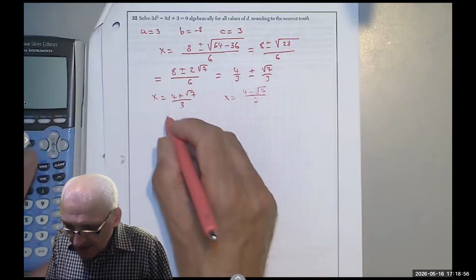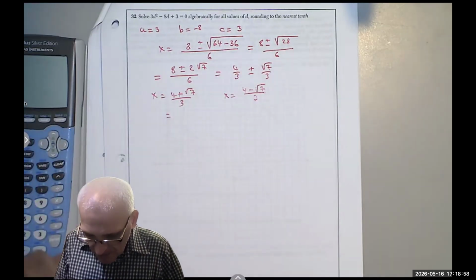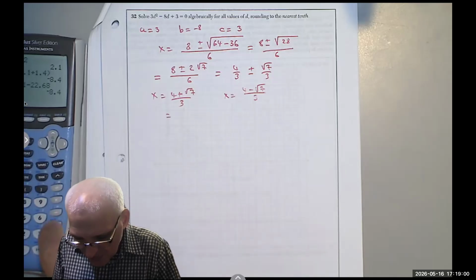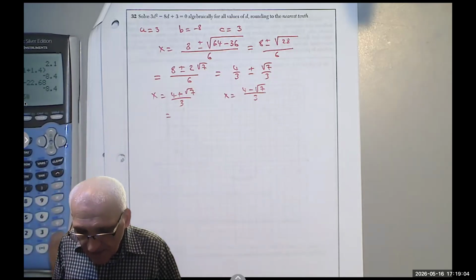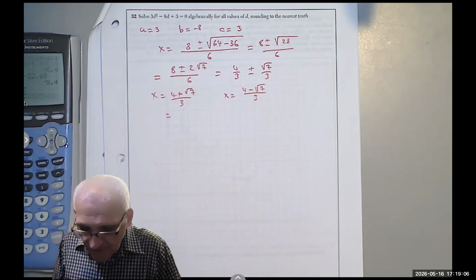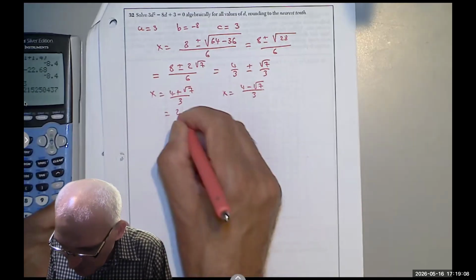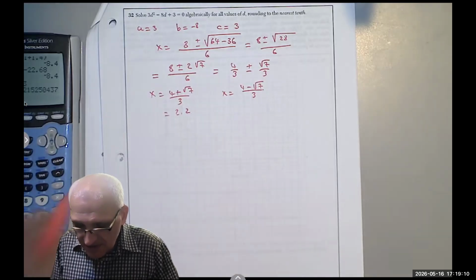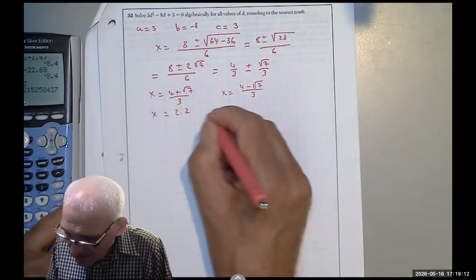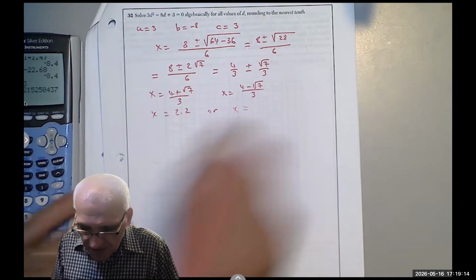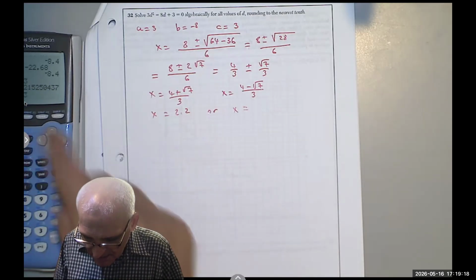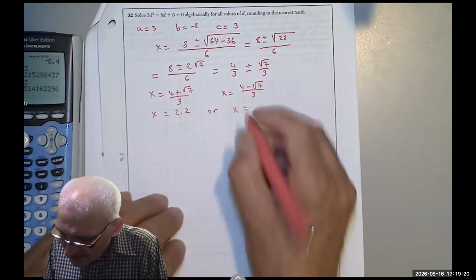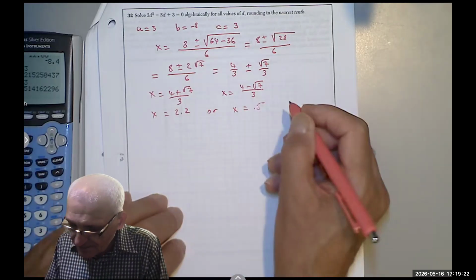And then I use my calculator. So 4 plus square root of 7 over 3 equals 2.2 for the nearest tenth, or x equals, I go back and instead of plus, I make it minus, and I get 0.5.